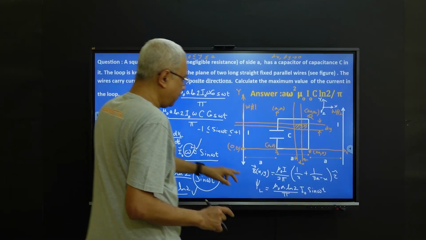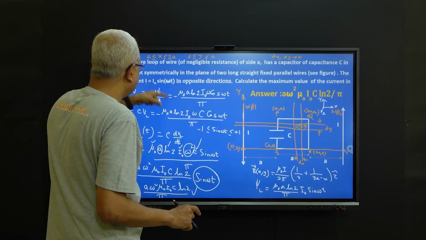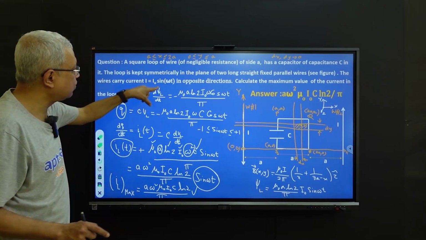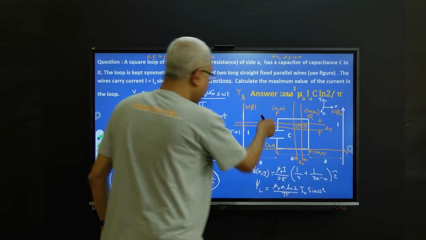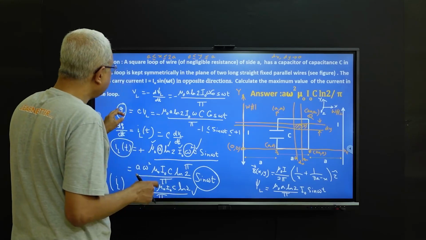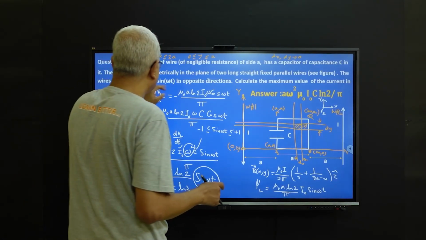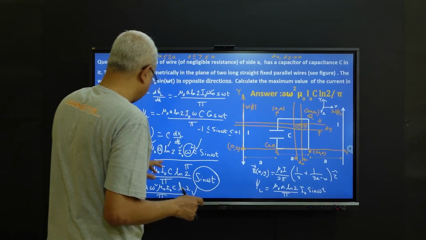Then once the total flux linkage could be found out, we could find the induced voltage in the loop using Lenz's law, VL equal to minus d psi L dt. Once VL is found, then what is the charge held by the capacitor C? That you could find using Q equal to C VL. So just multiplying VL by C, we could find the expression for charge.